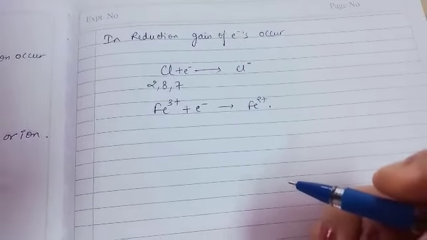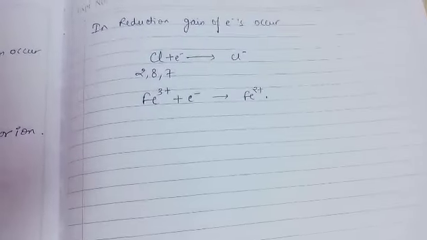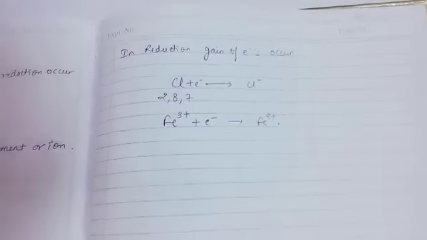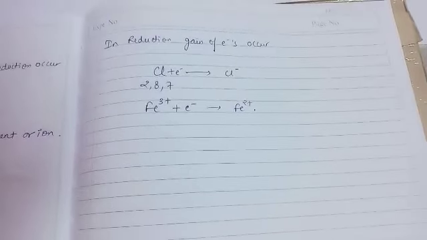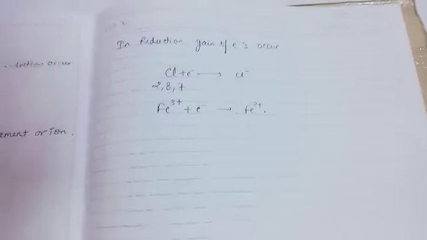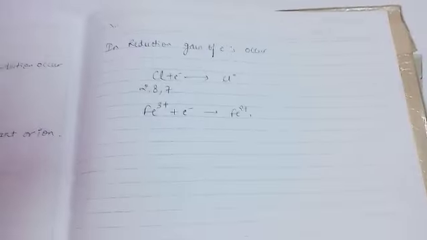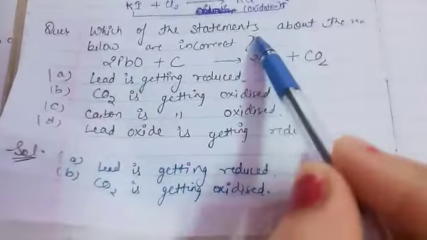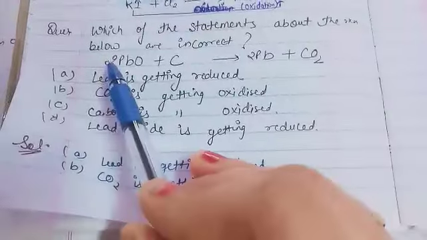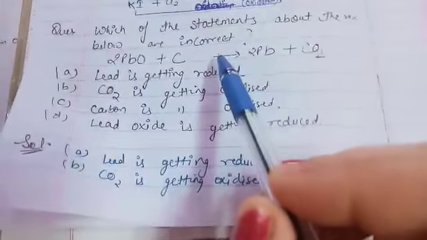Now maybe MCQ questions are there, maybe a direct question: what is oxidation and reduction, or differentiate between oxidation and reduction. One type of question: which of the statements about the reaction below are incorrect?